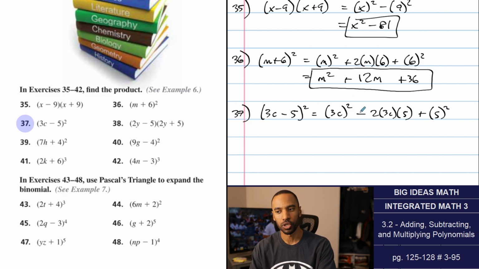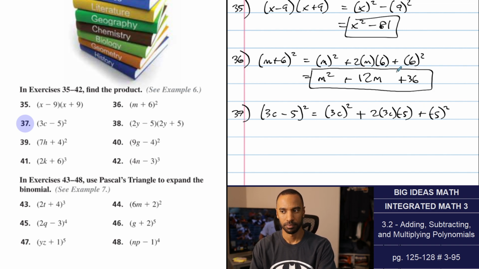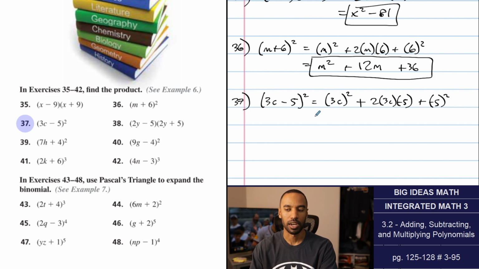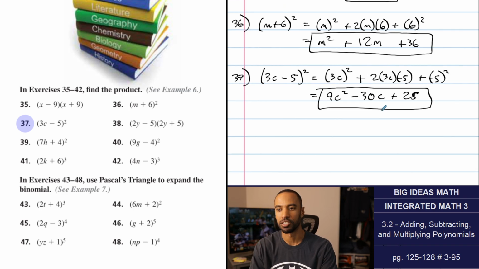Now, what you can also do, if you forget the subtraction here, is turn this into addition, make these ones negative, and go off that. And I'll do that this time. This is 9c squared. You got to double negative 15c, so that's negative 30c. And here you get plus 25. Even if this is negative, you still square it and it still turns positive. There's no change on that. Perfect square trinomials have an added constant term.